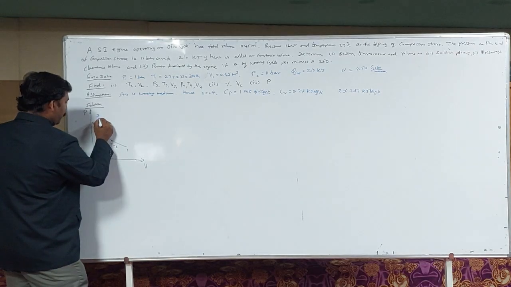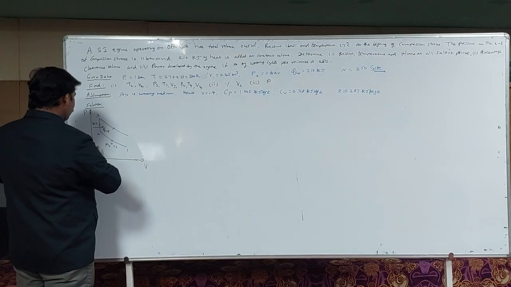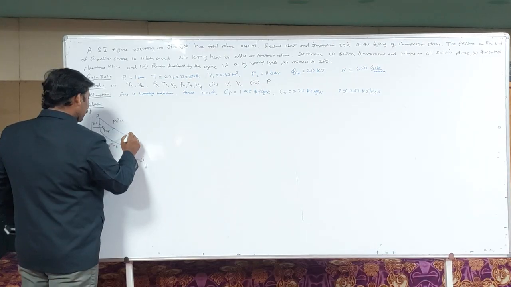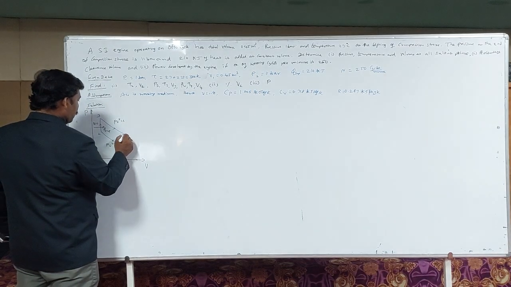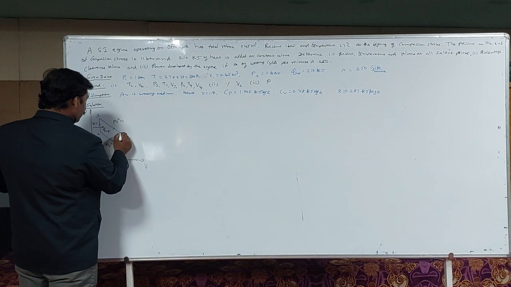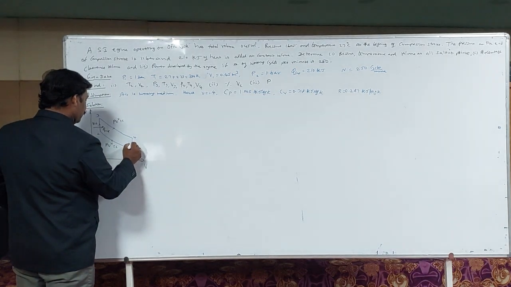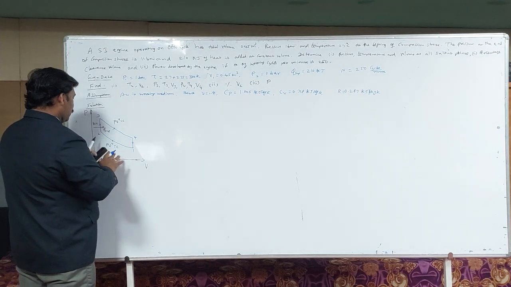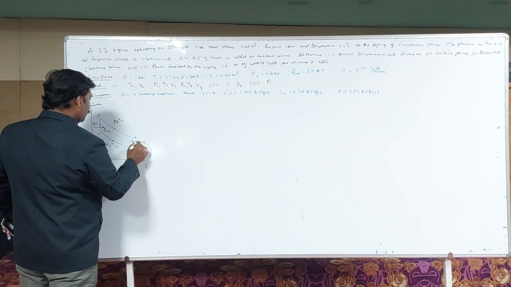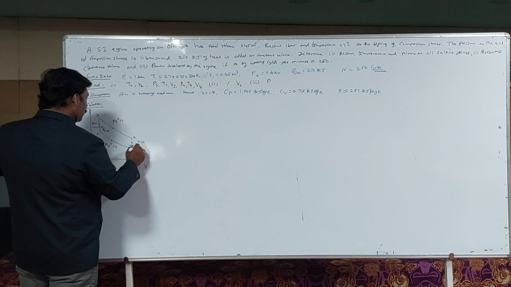Then 3 to 4 is an isentropic expansion process. So PV power gamma is equal to constant, and 4 to 1 is constant volume heat rejection.